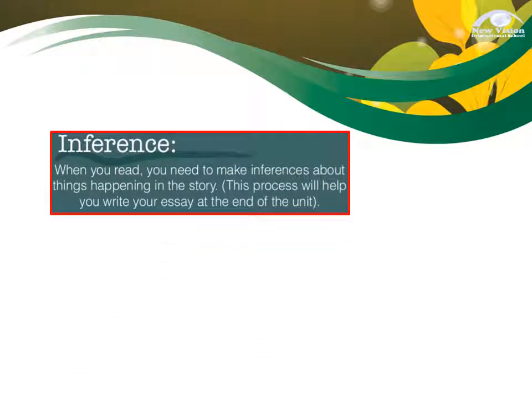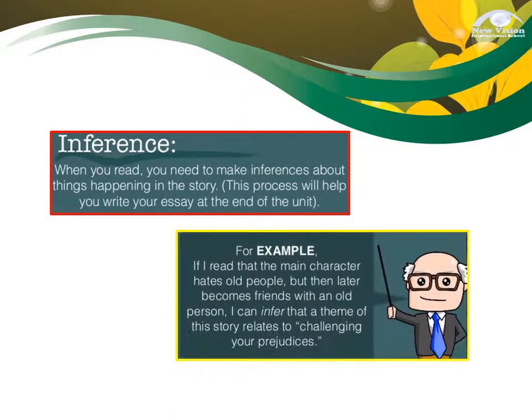Now, when you read, you need to make inferences about things happening in the story. Say, for example, if I read that the main character hates old people, but then later becomes friends with an old person, I can infer that a theme of this story relates to challenging your prejudices.